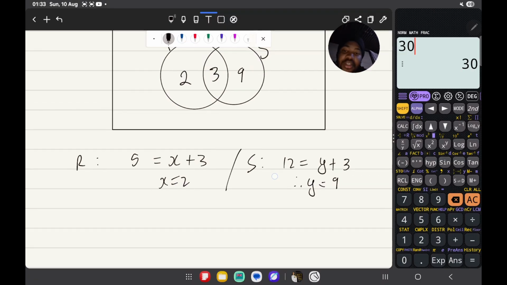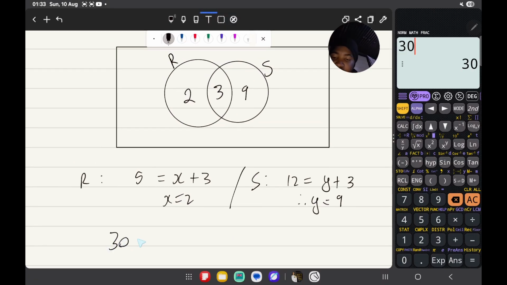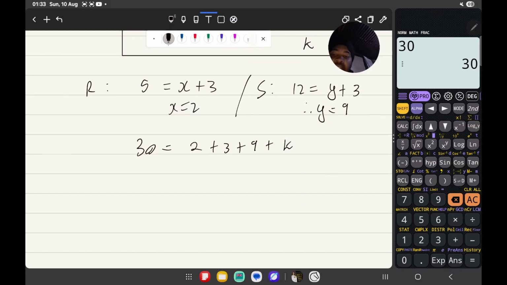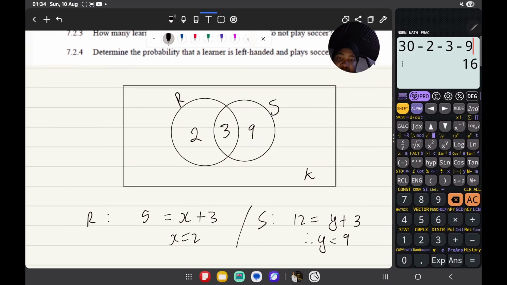We're going to have to write it down because you need to show your workings, né? So you would say 30 minus 3 minus 2 minus 9 equals K. Or I want to say 30 equals 2 plus 3 plus 9 plus K. Then 30 minus 2 minus 3 minus 9 equals K, which is 16. So the number here is going to be 16.